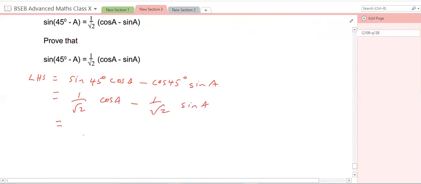So you can take out 1 over root 2, and you're left with cos a minus sine a, which is equal to right-hand side.